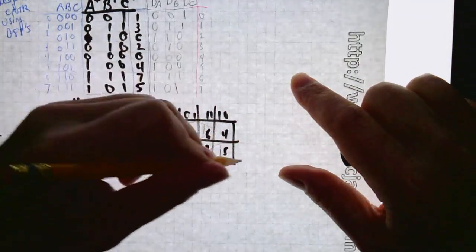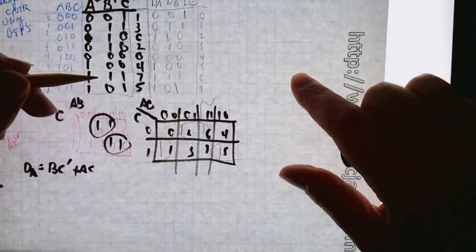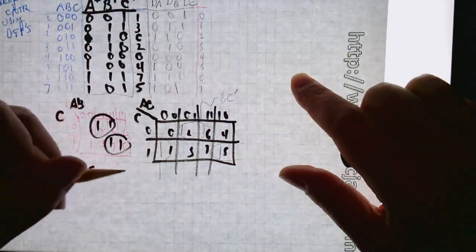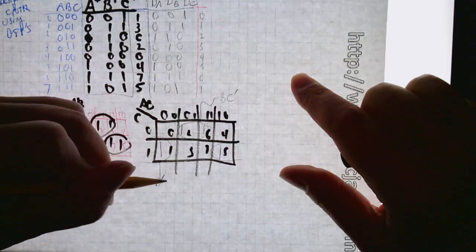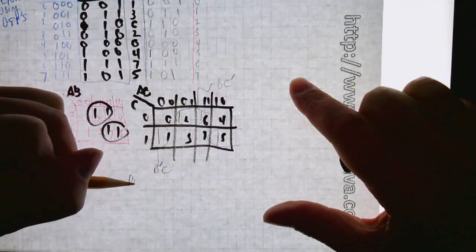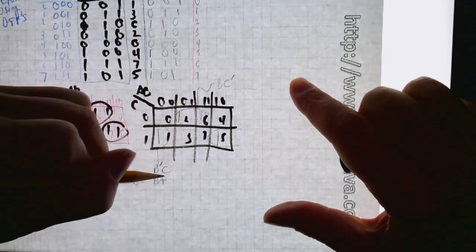And I got a loop here and a loop there. And this loop is going to be BC prime. And this loop is going to be B prime C. And so now I can write D sub B is equal to B exclusive or C.